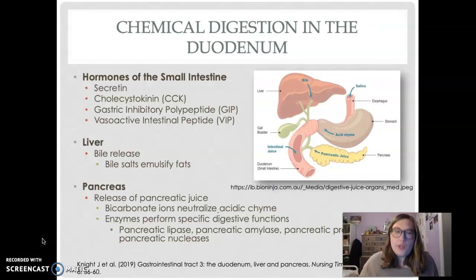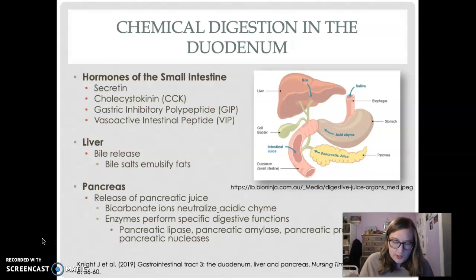Okay, now that we have an understanding of the functional anatomy of both the liver and of the pancreas, we can begin to discuss their roles in chemical digestion in the duodenum. First off, it is important to recognize that the duodenum itself secretes a number of hormones in response to the entry of chyme from the stomach via the pyloric sphincter.